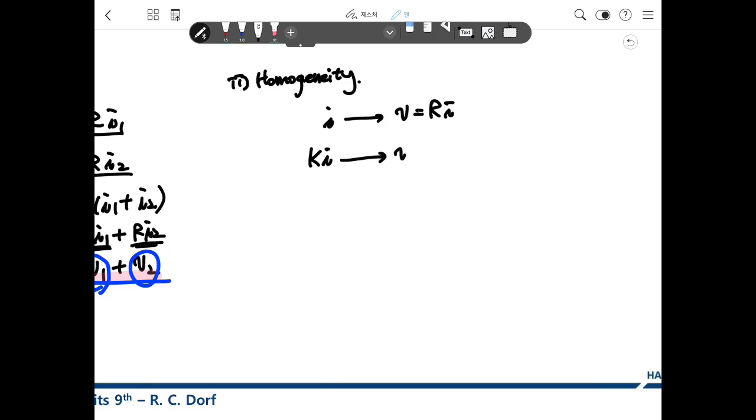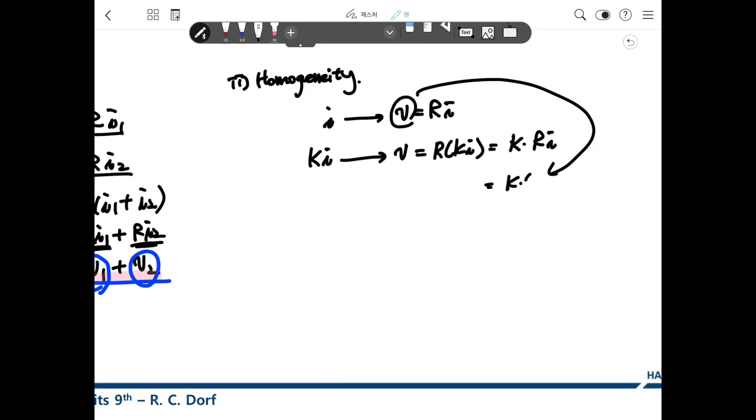Then the voltage will be R K I, which can be written here as K R I. That result is K times this result. So when you insert the input multiplied by a constant, then the output will be multiplied. Then you can say this system satisfies the property of homogeneity.